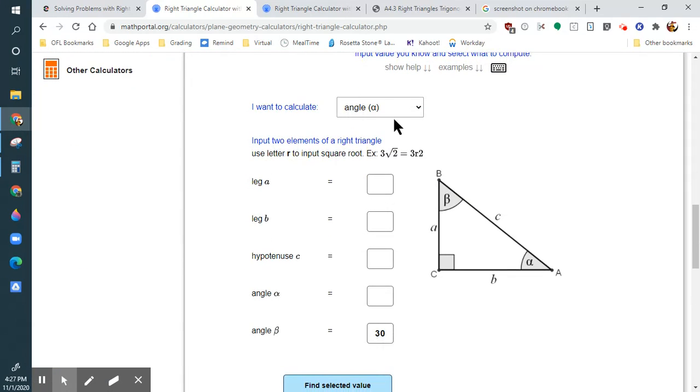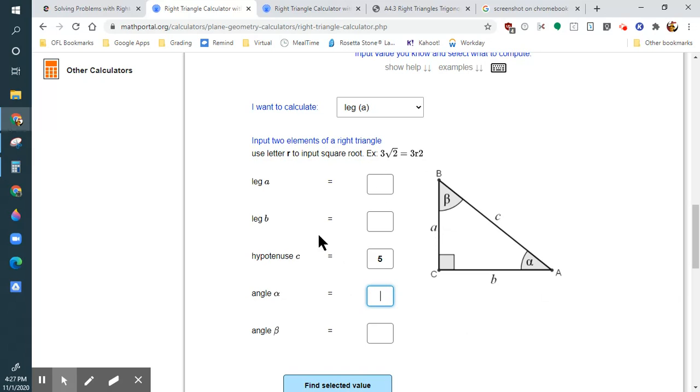So let's do another one. So I want to calculate a side. So I'm just going to say leg A. So I'm solving for side A. So if I'm using the Pythagorean theorem, that means I need my C. So I'm going to make a C. Let's make that 5. And I'm going to need the other side.